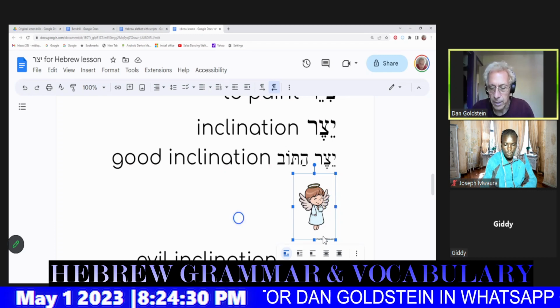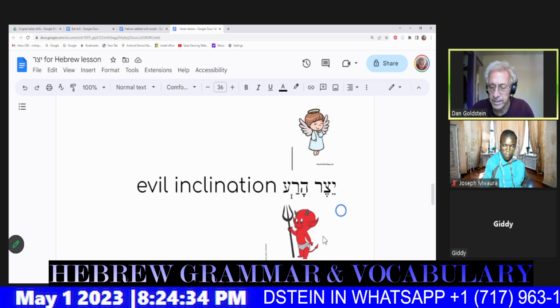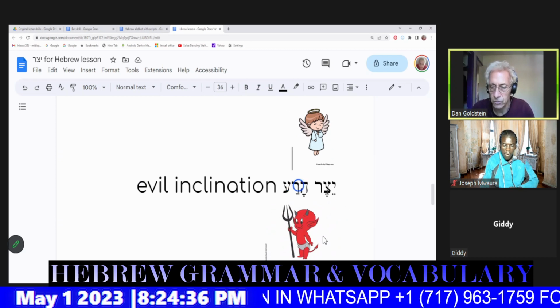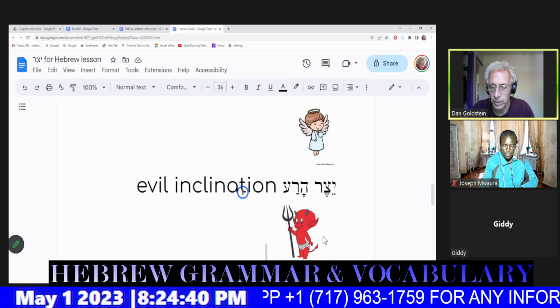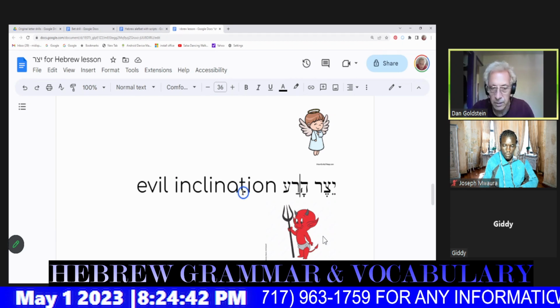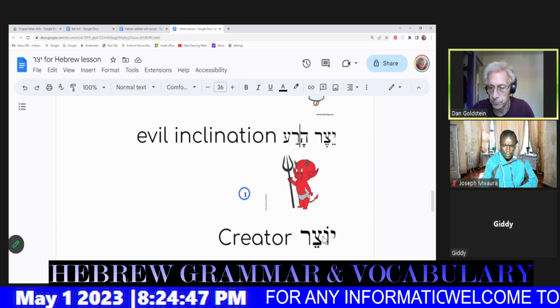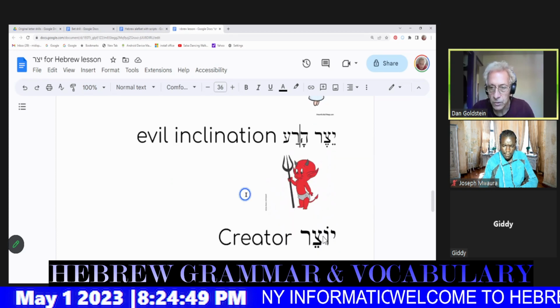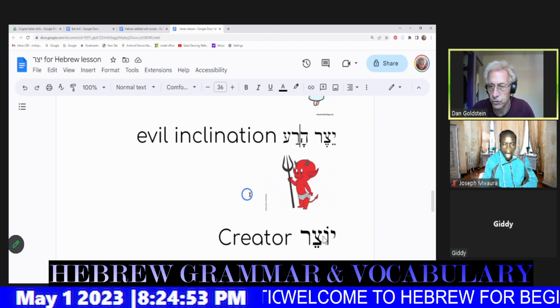And we have Yetzer Hara. Ra means evil or bad. So Yetzer Hara is the evil inclination. And we also have the potential, each of us, to be not so good, like Devil Boy here. So these are some interesting formations out of the shoresh yatzar.